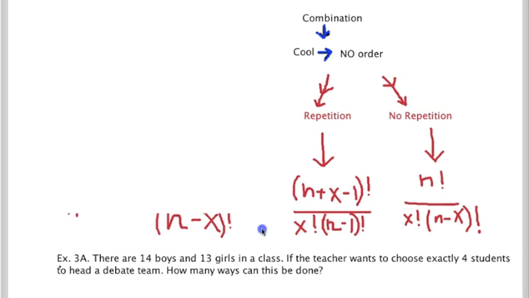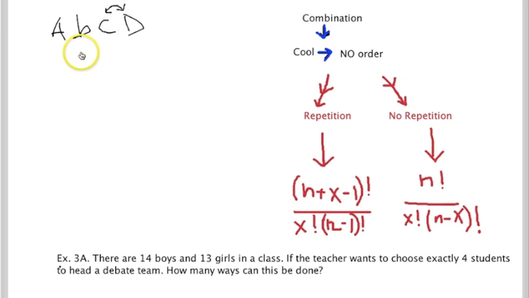Okay, so that's how I take a look at it, right? So once again, in this case, if the team chose boy A, boy B, and then girl C and girl D, and then let's say they were to switch those order, it doesn't matter, it's still the same team, right? So in this case, order doesn't matter, no order.